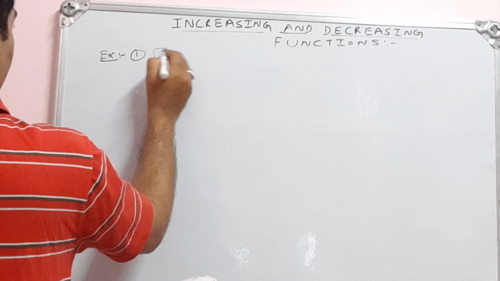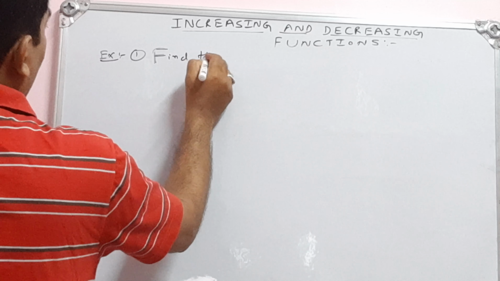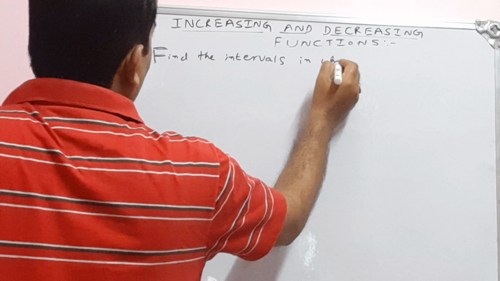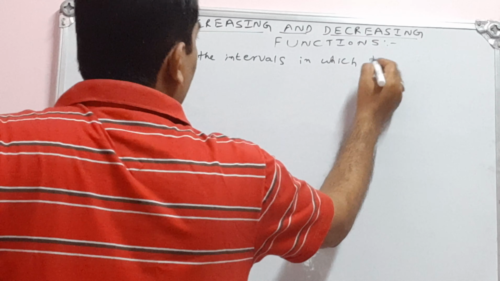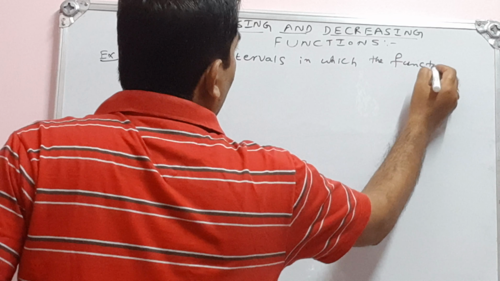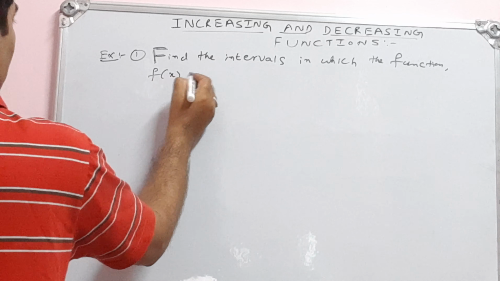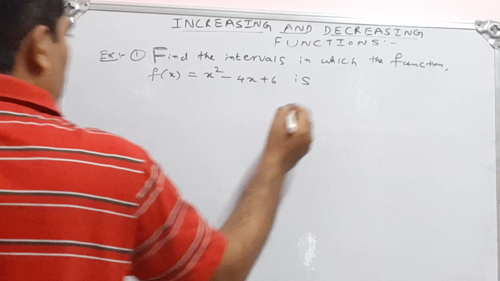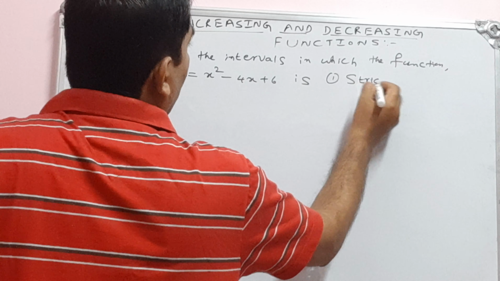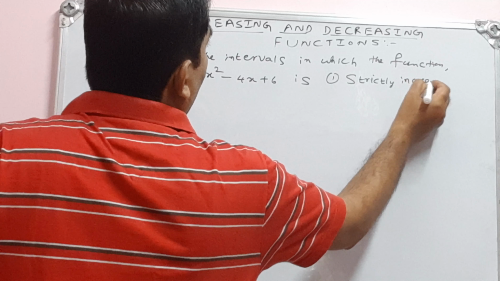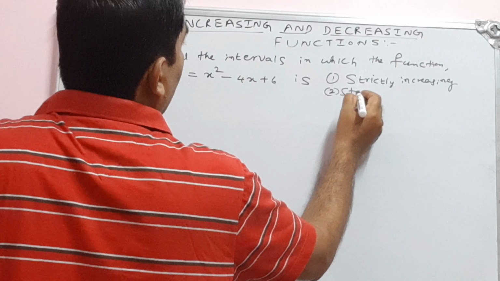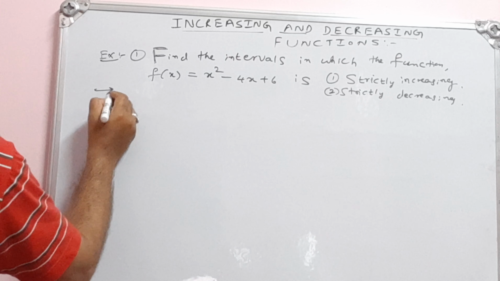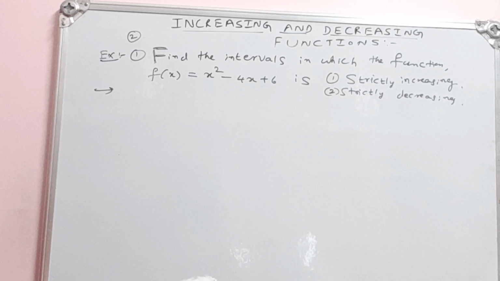Find the intervals in which the function f of x is equal to x square minus 4x plus 6 is strictly increasing, and second, strictly decreasing. This is a question that may be considered as a 2 marks question.